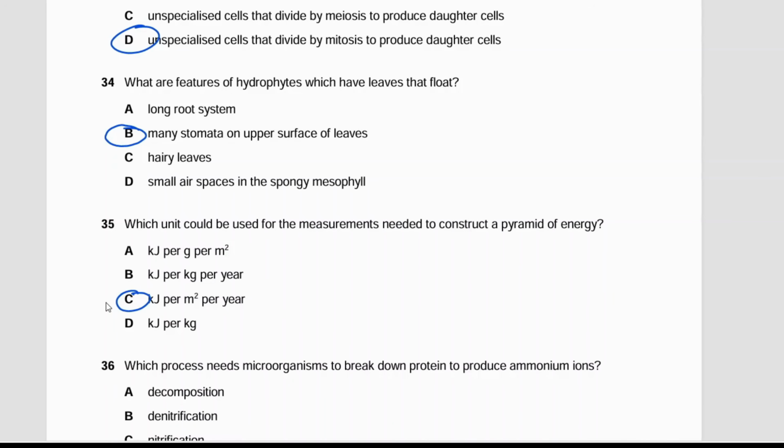There may be a question, because if it's energy, it won't be gram or kilogram. That is for the biomass. Exactly. Yes. Kilojoule per kg per year, oh sorry.